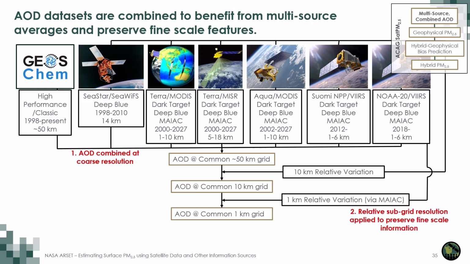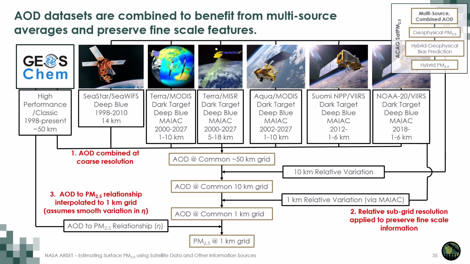And lastly, we apply the 1-kilometer relative variation within the 10-kilometer grid according to the MAIAC algorithm, which is the only satellite retrieval providing information at such a fine spatial scale. Finally, we linearly interpolate the simulated AOD to PM2.5 relationship down to the 1-kilometer grid, which assumes smooth variation in eta, and apply it to the 1-kilometer AOD.